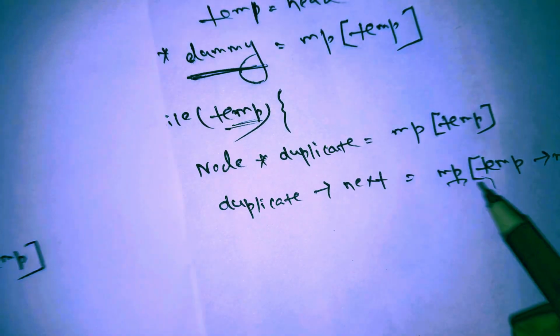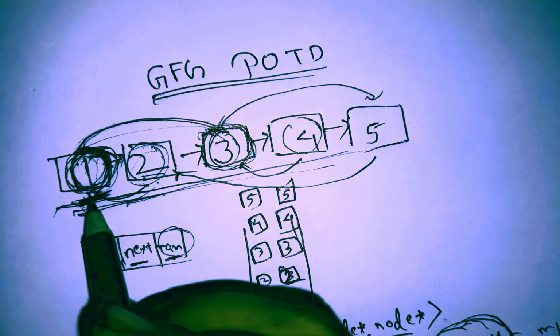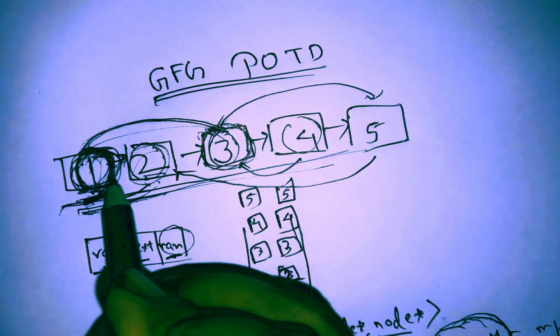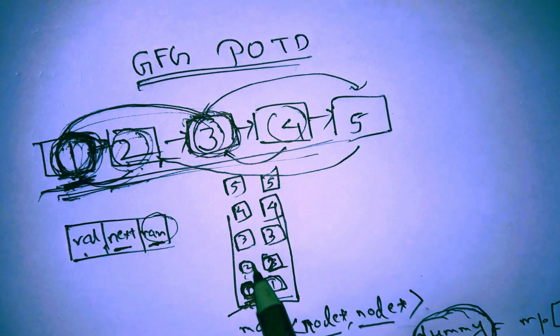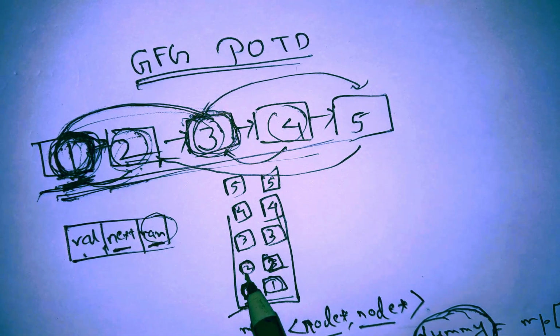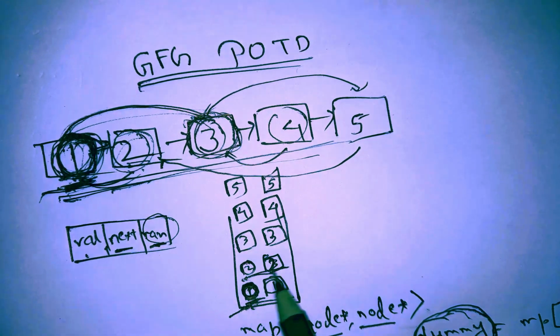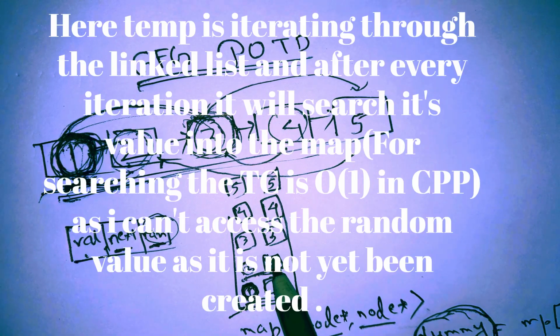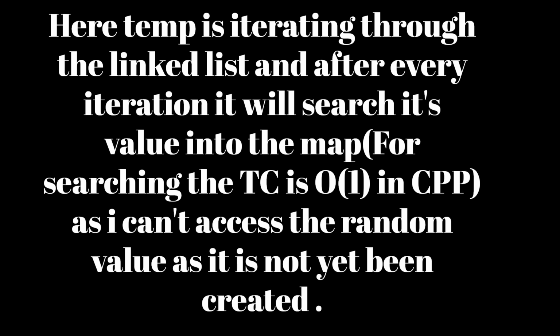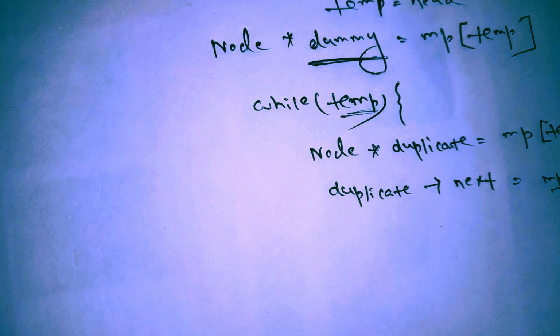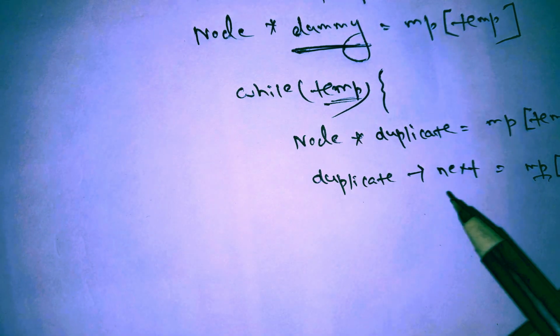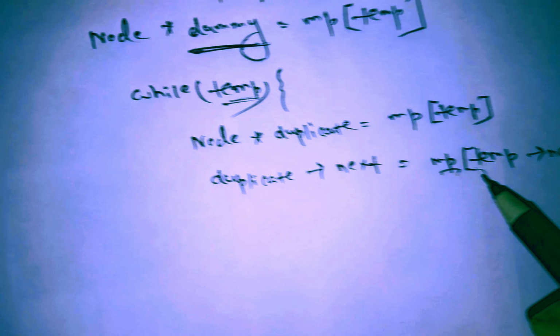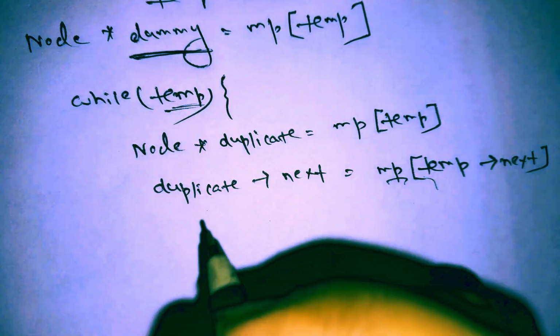So mp of temp next, that means my temp next is 2, and I will search in mp, means map, mp of temp next is 2, and in the key 2 the value is 2. So in duplicate.next, it will simply store the value of mp of temp next.